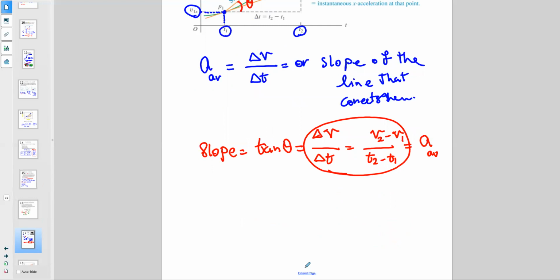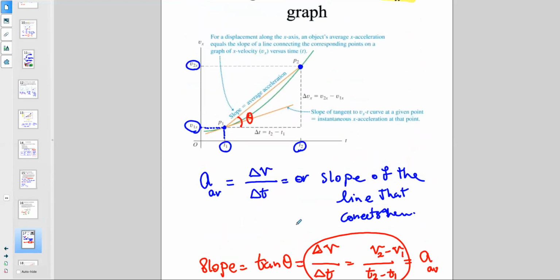Now, however, if you want to find the instantaneous acceleration, for example, at point 1, rather than having the slope of a connector line, both of those points are at one point. So you have to have the tangent.